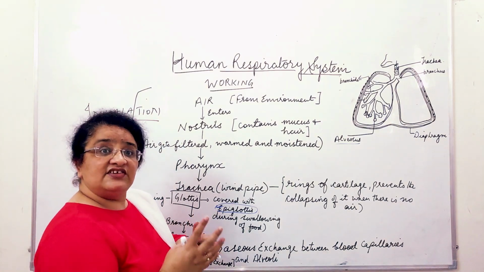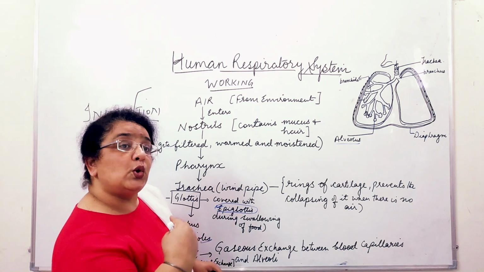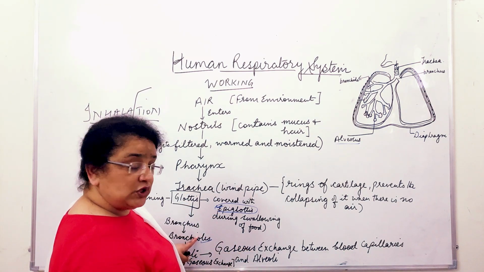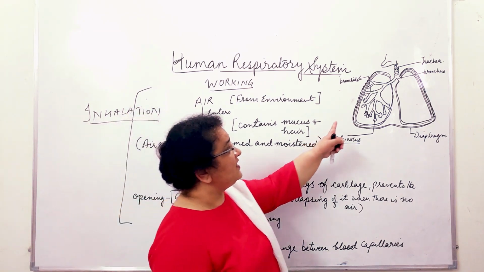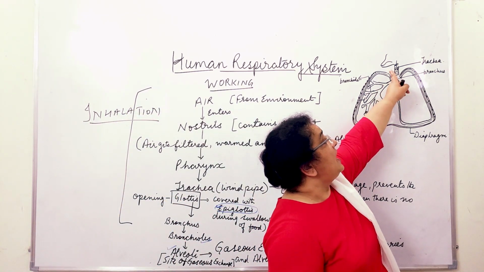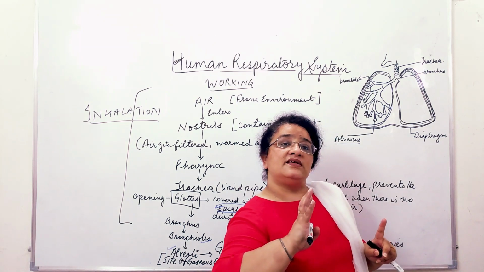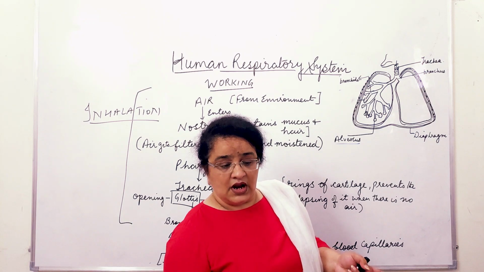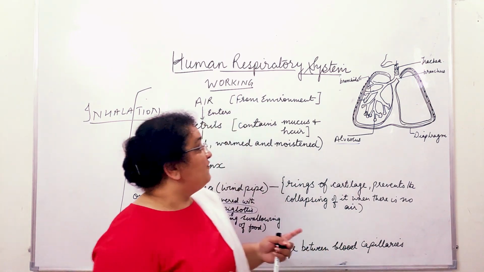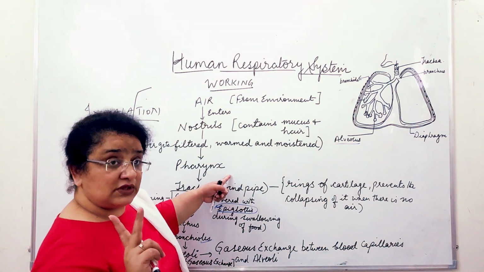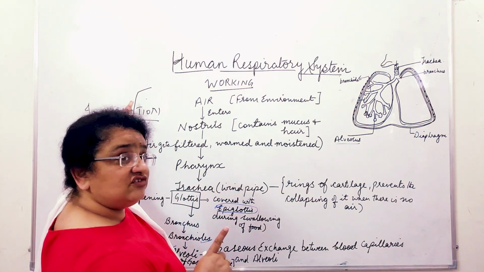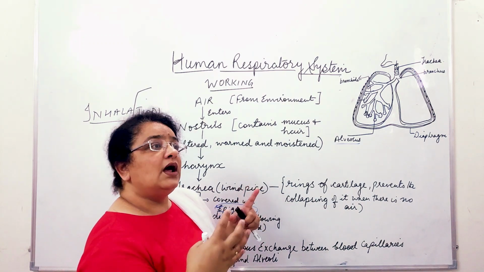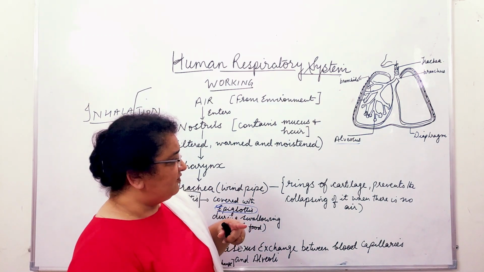Once there is gaseous exchange, the air goes back from alveoli to bronchioles, then bronchioles to bronchus, and bronchus to trachea, and through the nostrils the carbon dioxide rich air is exhaled out. That is exhalation. Next, we have to discuss two things: the mechanism of inhalation and exhalation with the help of ribs and how the lung cavity expands. This I'll explain after a few minutes.